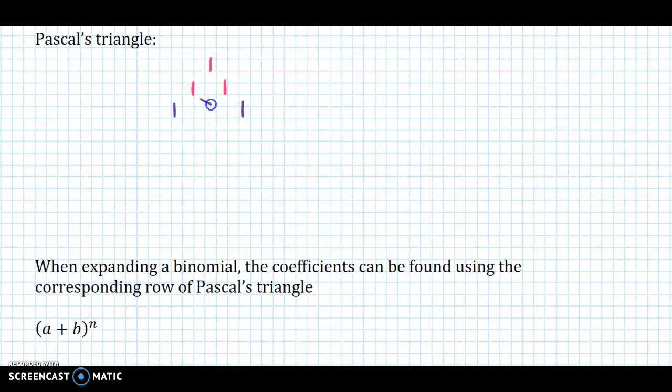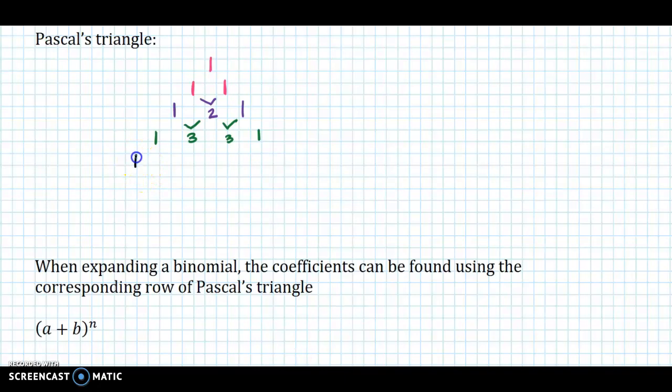To get this number in the middle, you just add. 1 plus 1 is 2. And then you have 1. And then to get this number, you add 1 and 2 to get 3. And then you have 3. And then 1. Each row will end in a 1.